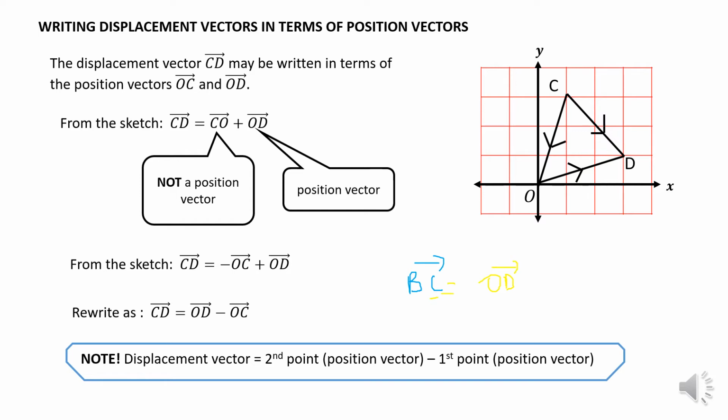The first point is that B there, so it's minus OB. Whatever you get there, you are going to get exactly that particular vector.